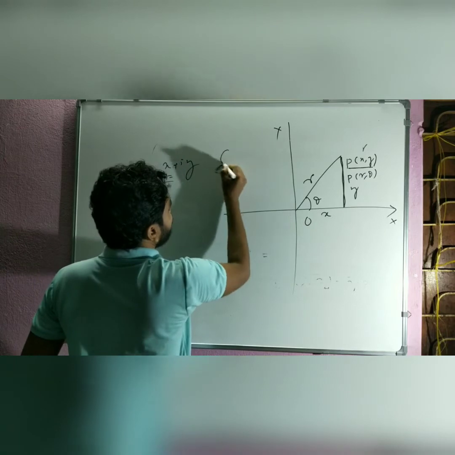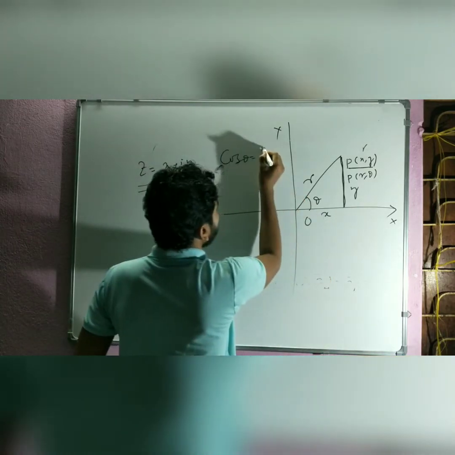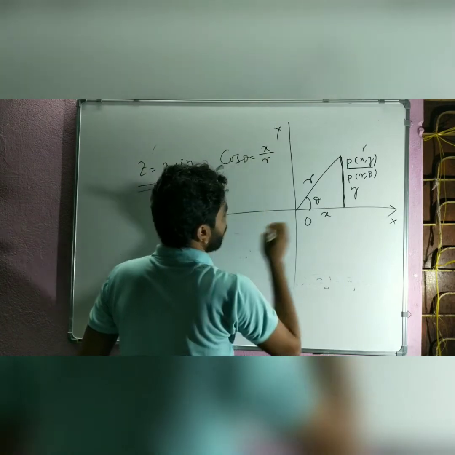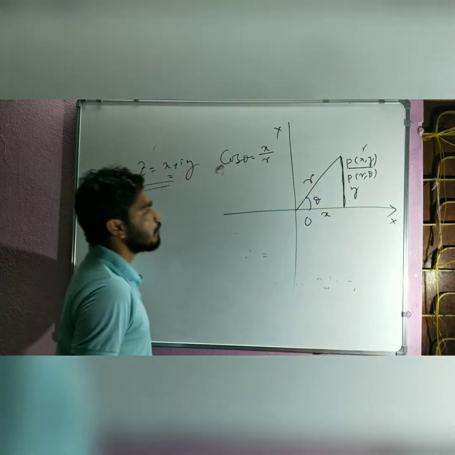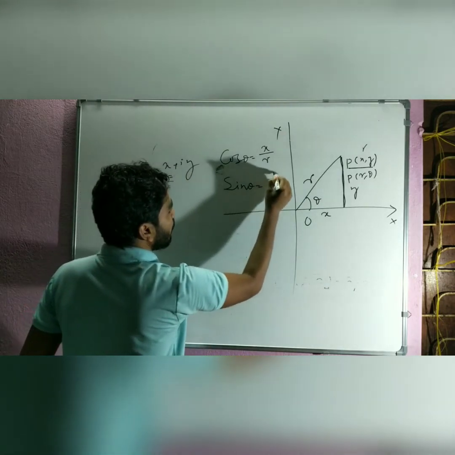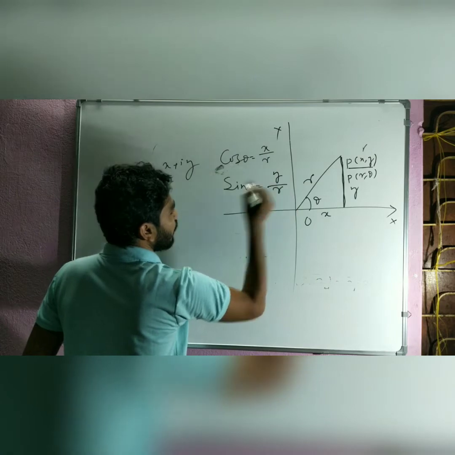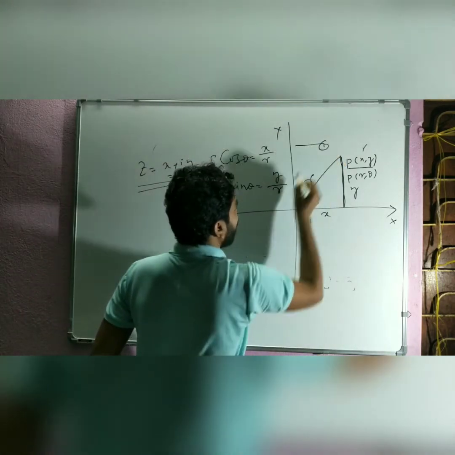Cos theta equal to x by r, base by hypotenuse, and sin theta equal to perpendicular by hypotenuse. These are the two relations, 1 and 2.